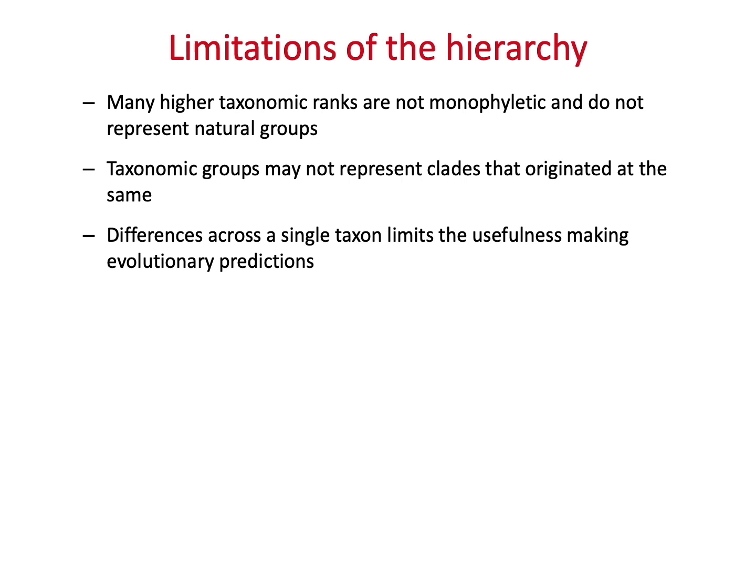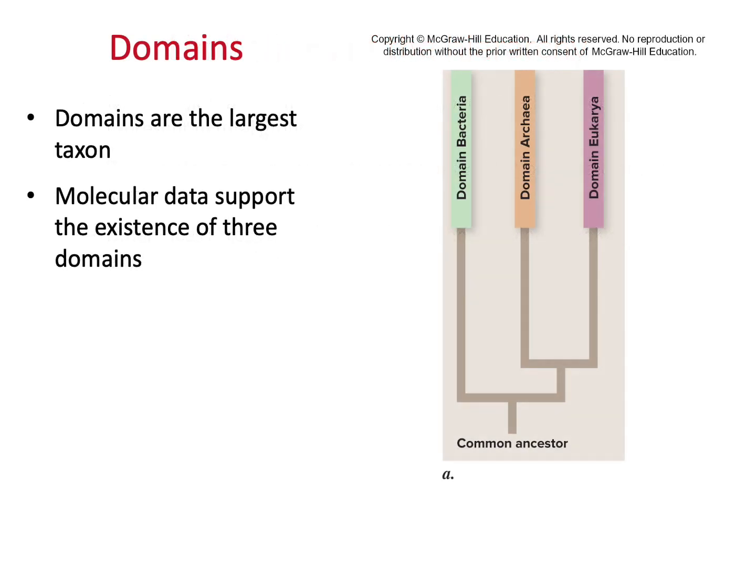So each of these taxons may have diverged on different timelines. As a result, all of these families demonstrate different degrees of biological diversity and may limit the usefulness of making evolutionary predictions using these Linnaean hierarchies.